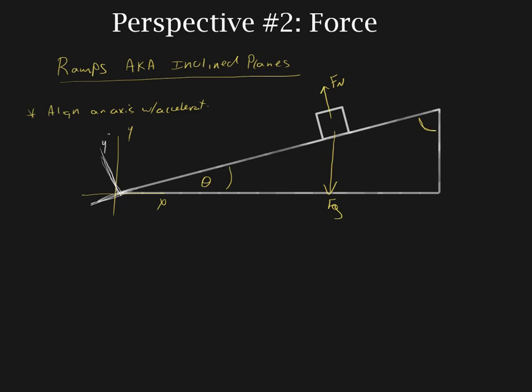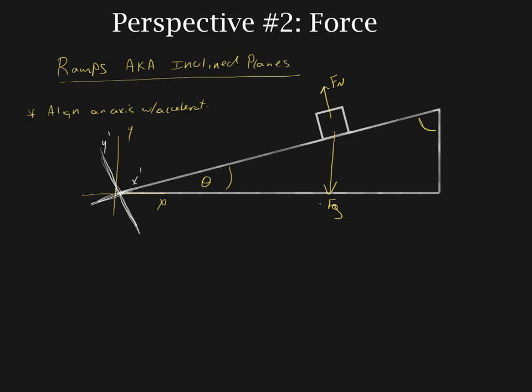So this becomes y prime, and this becomes x prime, where the prime just means this is our new axis in Cartesian coordinates. The big point is that while we tend to think of Cartesian coordinates as being absolute in a horizontal and vertical orientation, that does not have to be the case.